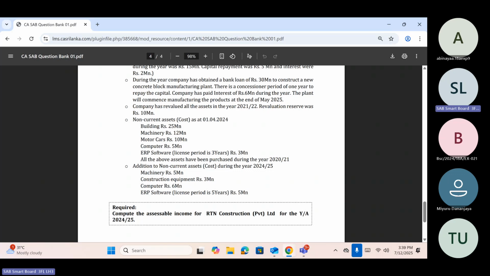So then taxable income. So tax liability.